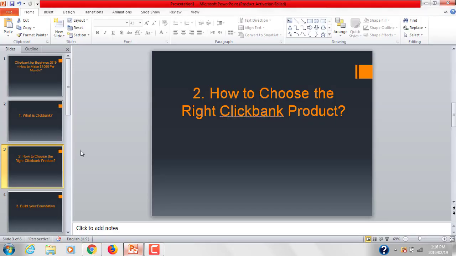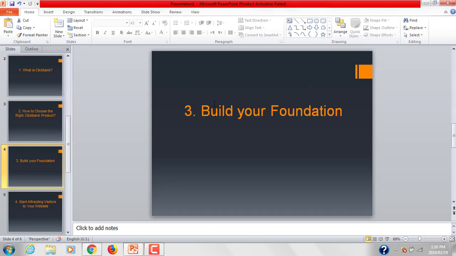So my next step is build your foundation. Now you have selected the niche and products in it. It's time to start building your foundation. Foundation is your website, and using your website you write reviews or provide informational articles, and when people find your website they will buy from you.